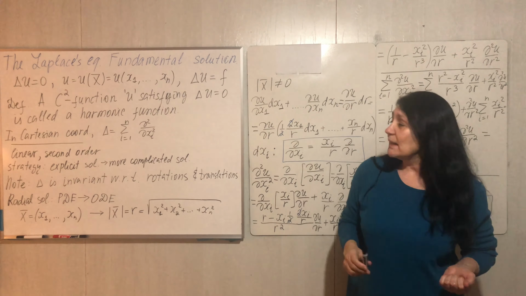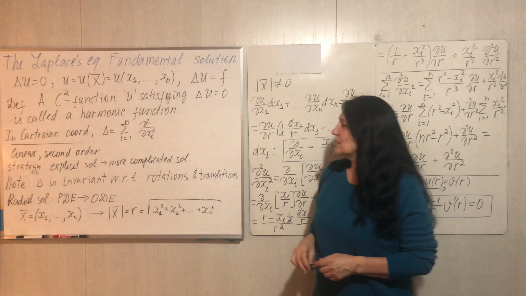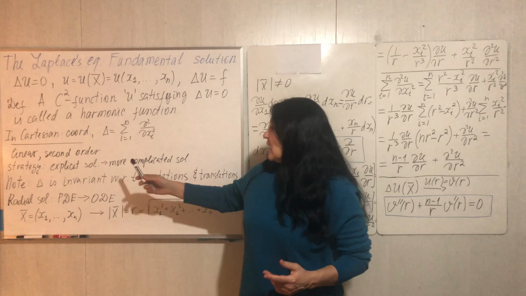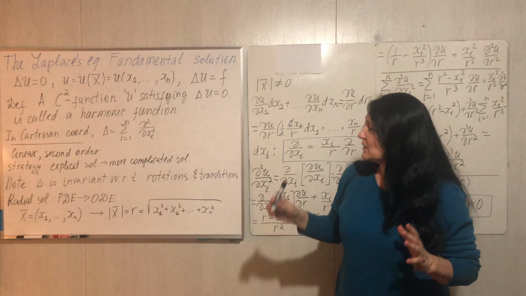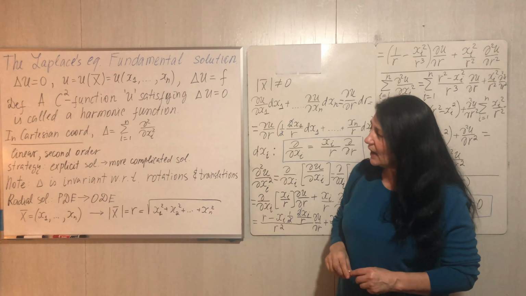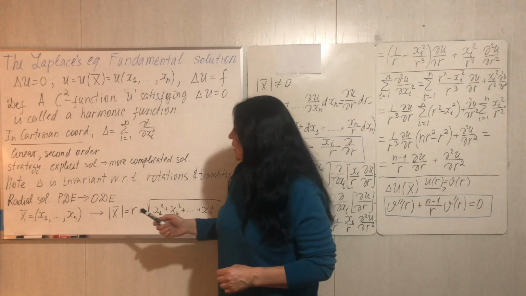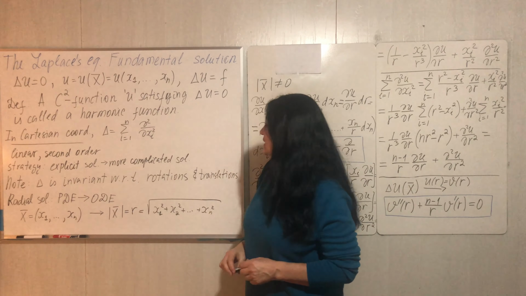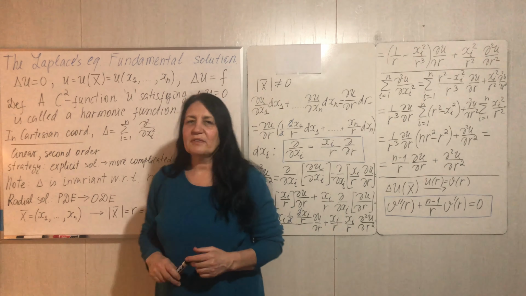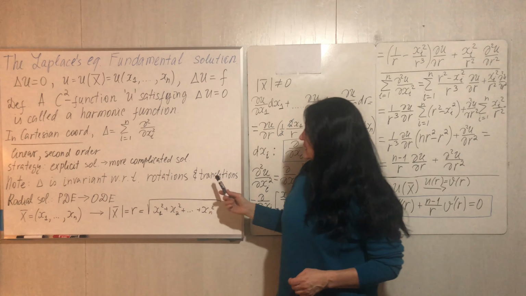For a linear equation, one strategy could be to find simple explicit solutions and assemble more complicated solutions out of them. Keeping this strategy in mind, we can note that the Laplacian is invariant with respect to the group of Euclidean motions, which includes rotations and translations.